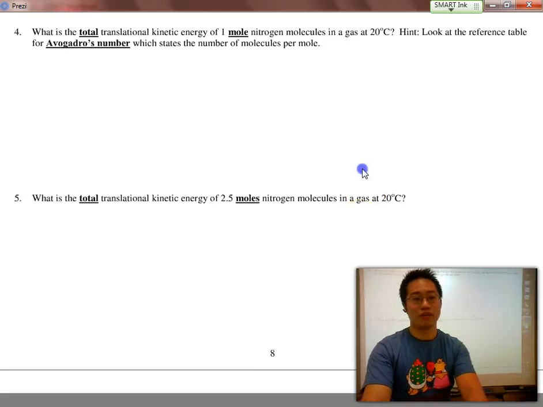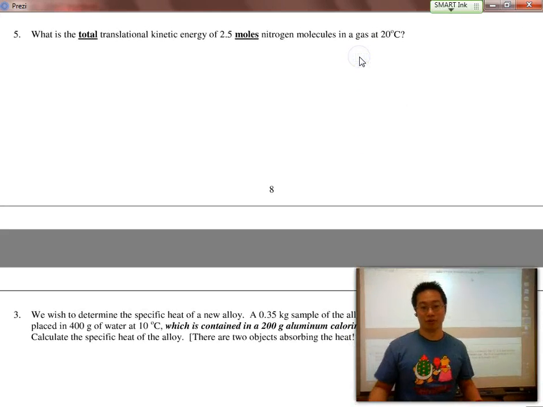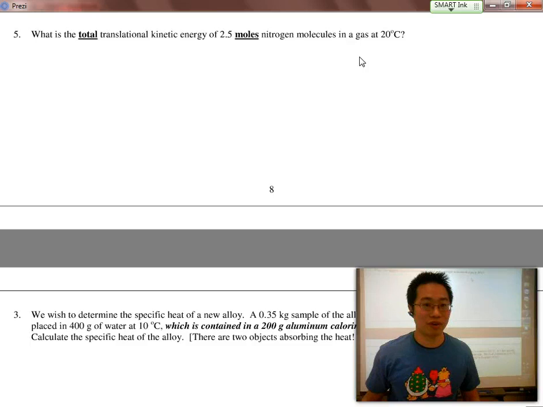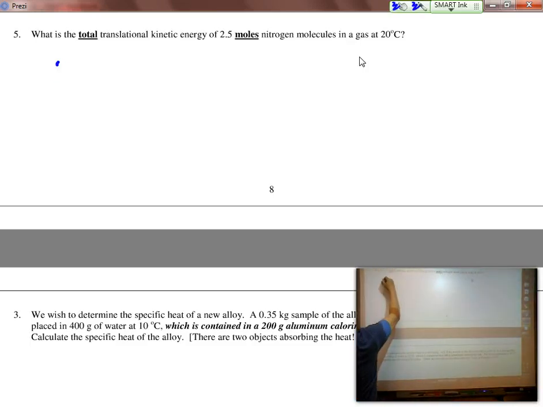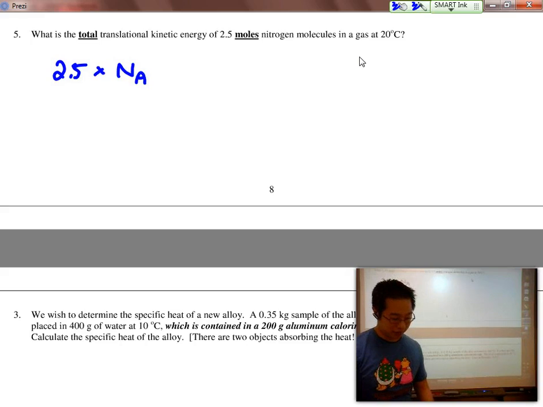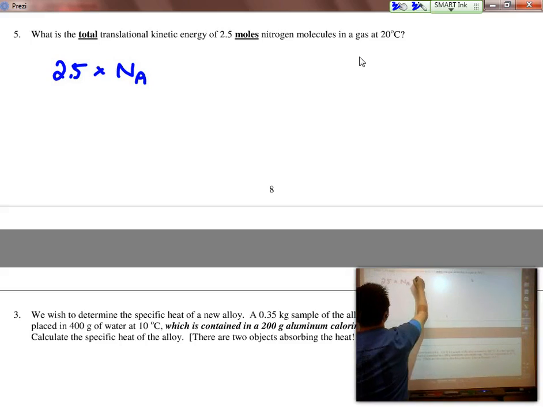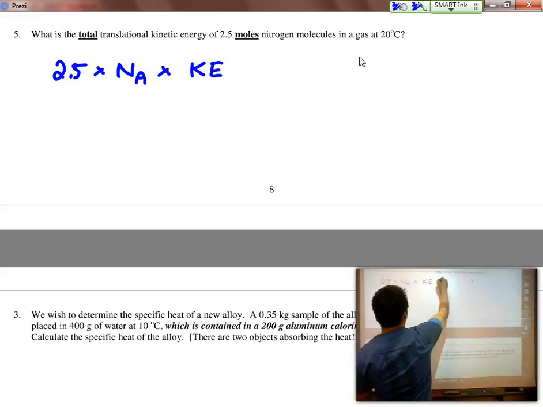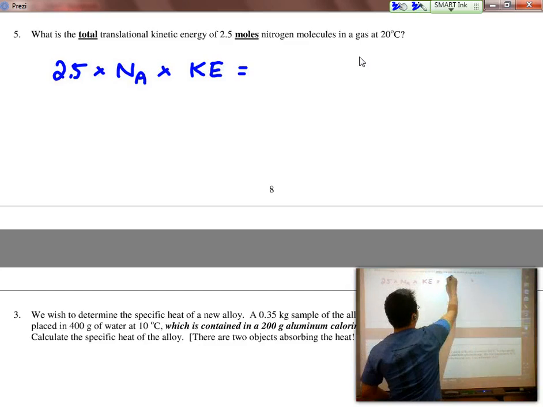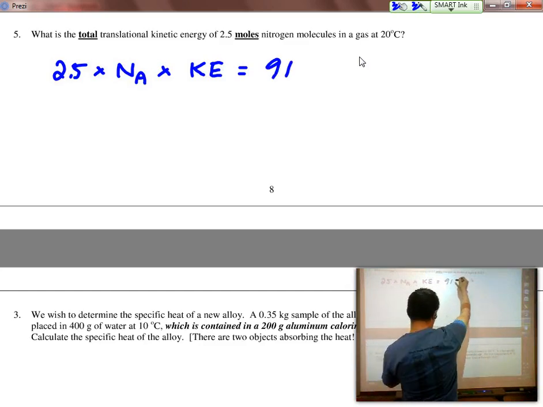But what if there are 2.5 moles? If there are 2.5 moles, then, well, that's just simply taking 2.5 times Avogadro's number, which is 6.02 times 10 to the 23rd, right, times the kinetic energy of a single gas molecule, and ultimately you would get a total energy of 9,128 joules.